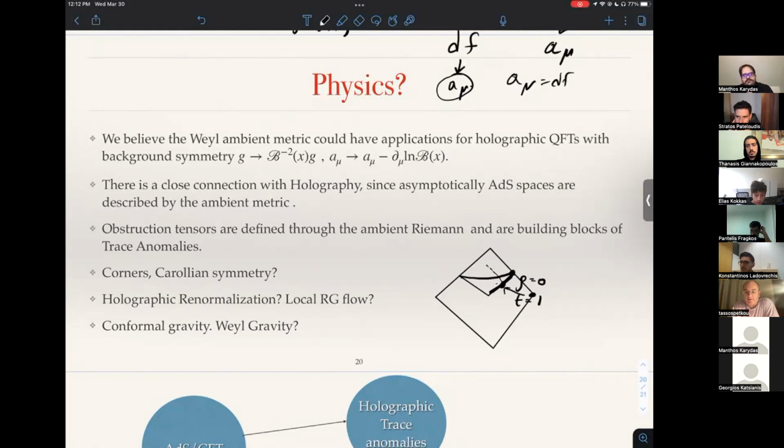Here you need to specify also the Weyl connection. Is that an additional degree of freedom?